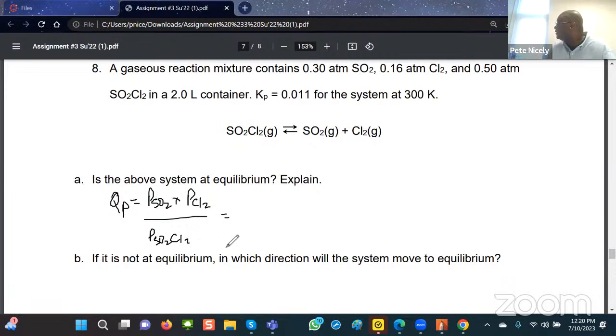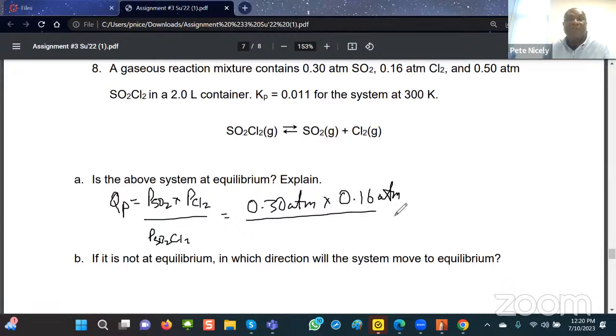So according to the question, the pressure of SO2 is 0.30 atmospheres multiplied by the pressure of chlorine, which is 0.16 atmospheres, divided by the pressure of SO2Cl2, which according to the question is 0.50 atmospheres. And according to my calculations, this works out to be equal to 9.6 times 10 to the minus 2, all right?